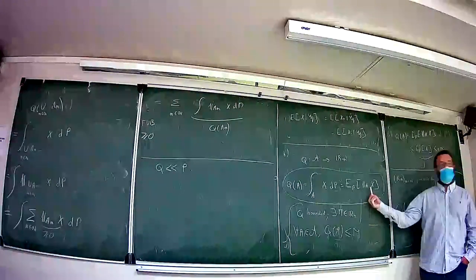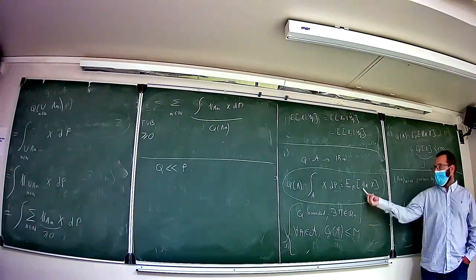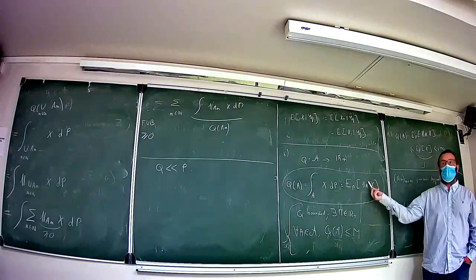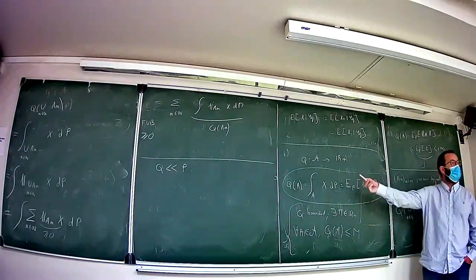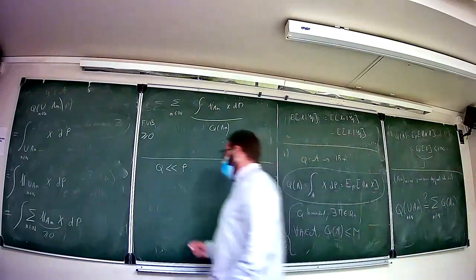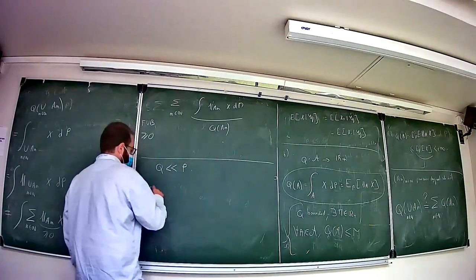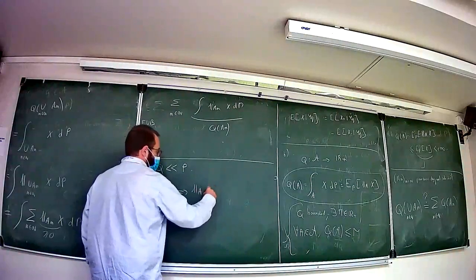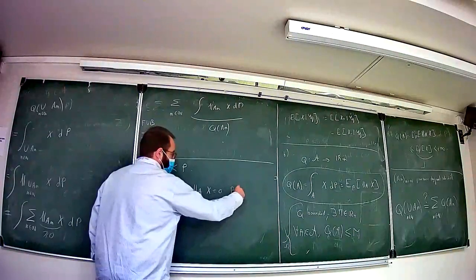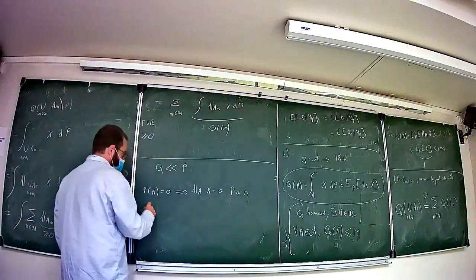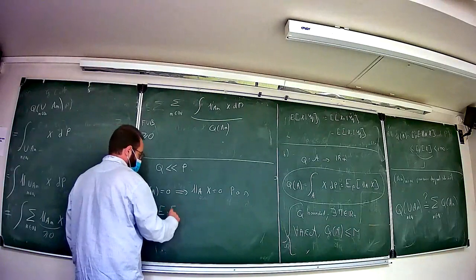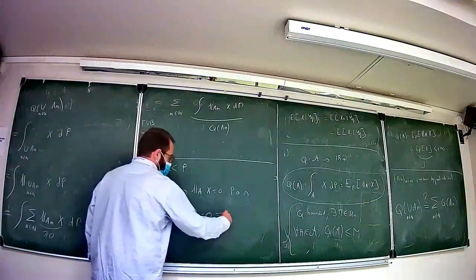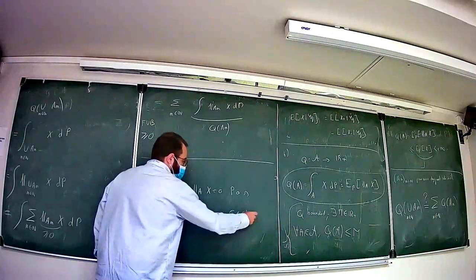If P of A is equal to 0, the indicator function of A times X is 0 P almost surely, and so its expectation is 0, and so Q of A is equal to 0.